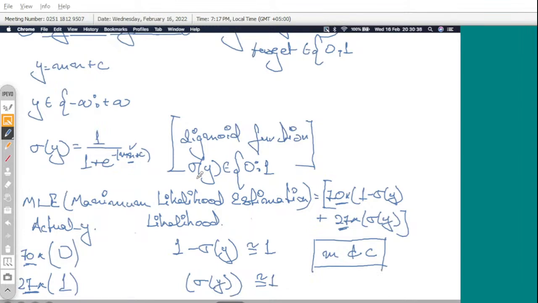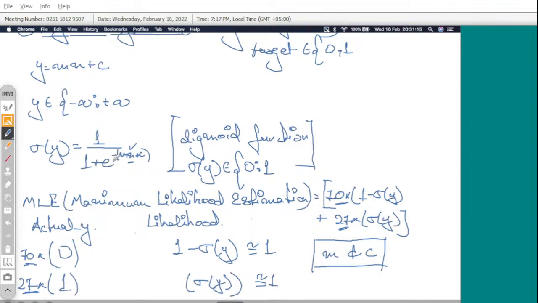Clear, guys? Logistic regression. We add up all the probability, right?